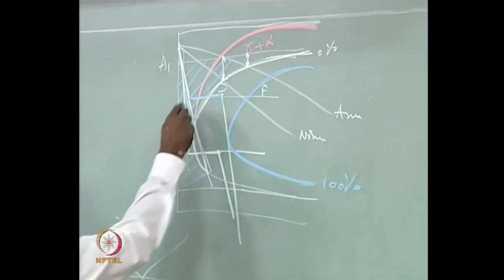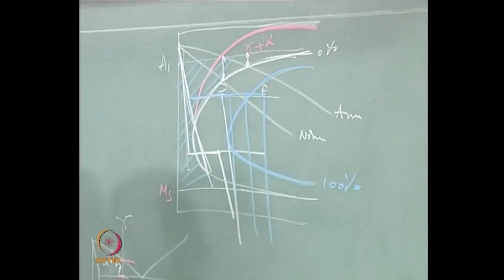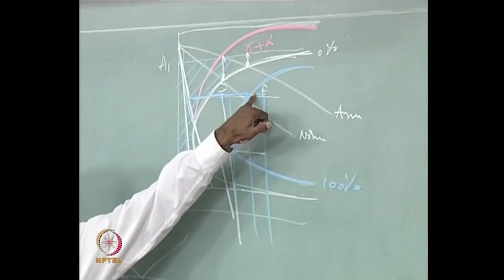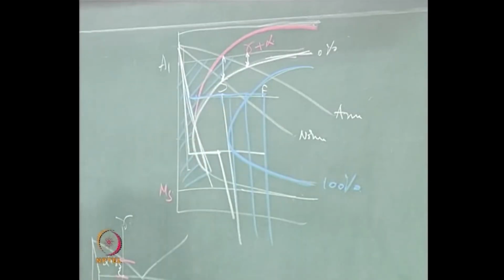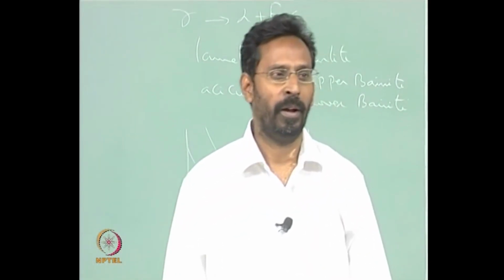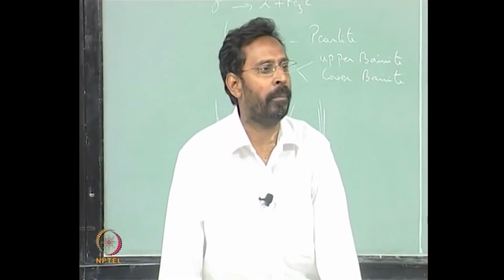And like that, if I keep on holding for different times, you would see once I cross this line, I would not get any more martensite. Why not? I am crossing the Ms temperature while quenching, but there is no gamma left, and we know pretty well that pearlite cannot transform to martensite.